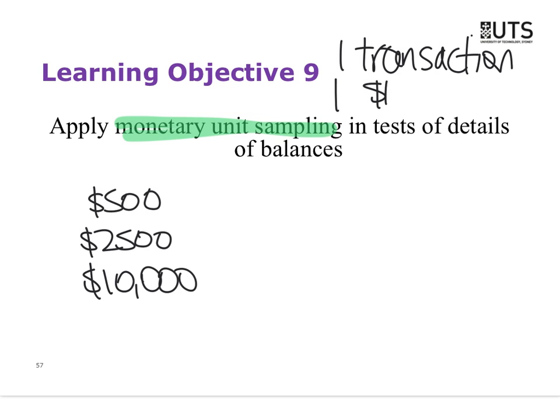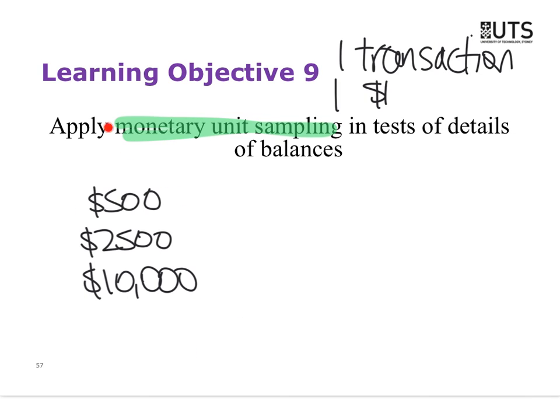When we're normally sampling, each of these is one unit and has an equal chance of being selected. But under monetary unit sampling, this is 500 units worth, 2,500 units worth, and 10,000 units worth. So my population becomes the total dollar value rather than the total number of transactions.